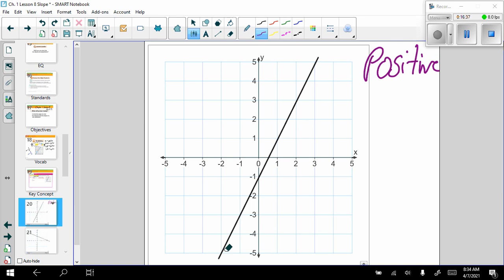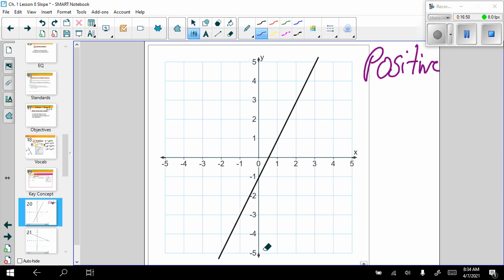We'll take a look at this line. My x value starts at -2, right about here, right? And it ends around +3, right about here, at +3. Well, are my x values going up? Yes, they are.